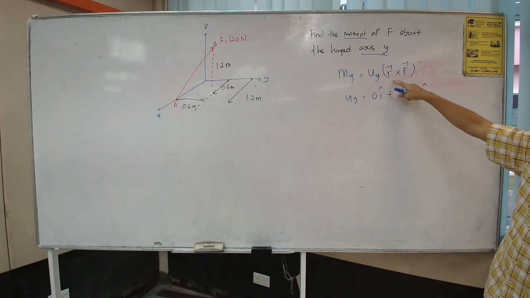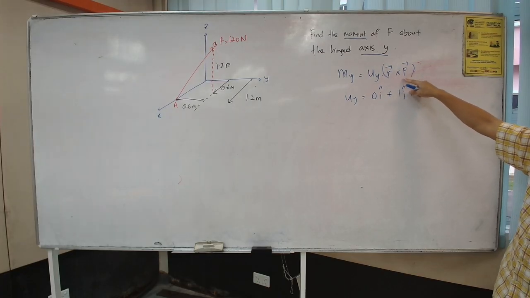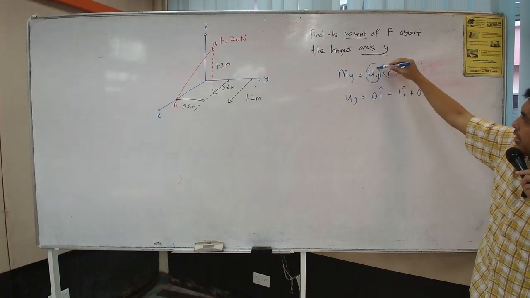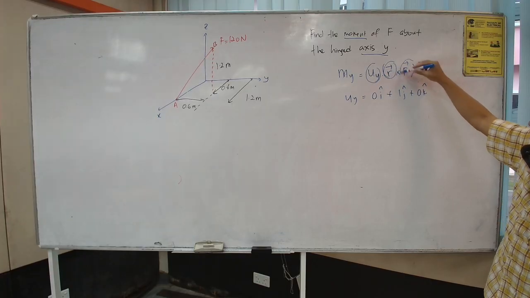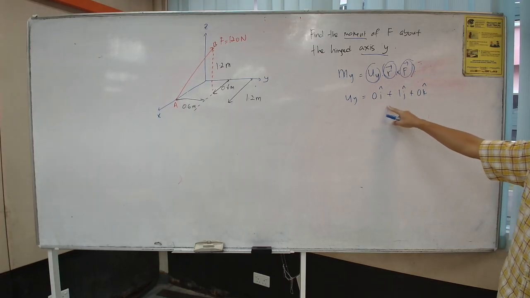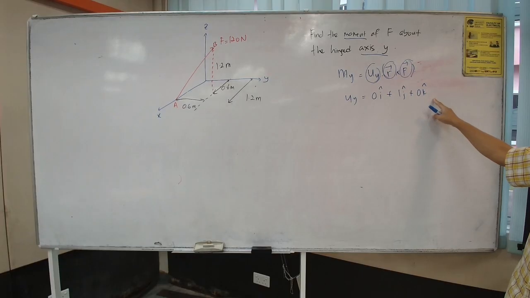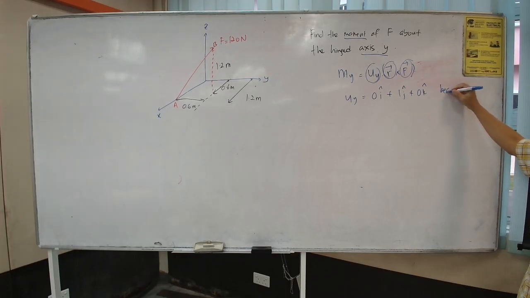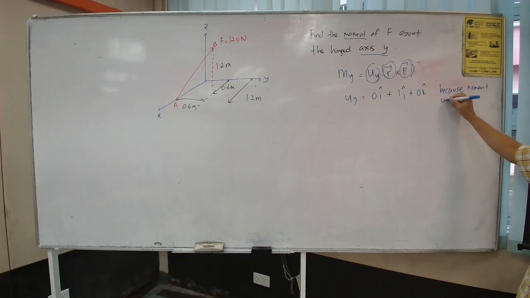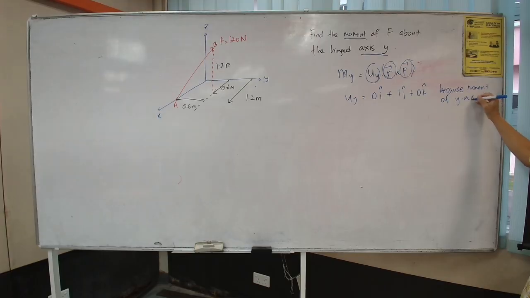So UY dot R cross F: you need to find the UY, you need to find the R, you need to find the F. The vector for the UY is 0I plus 1J plus 0K because it is the moment about the Y axis.